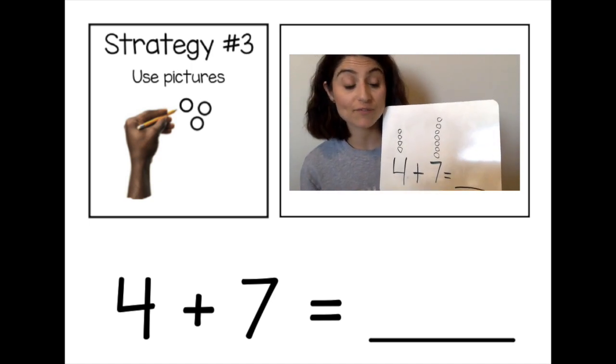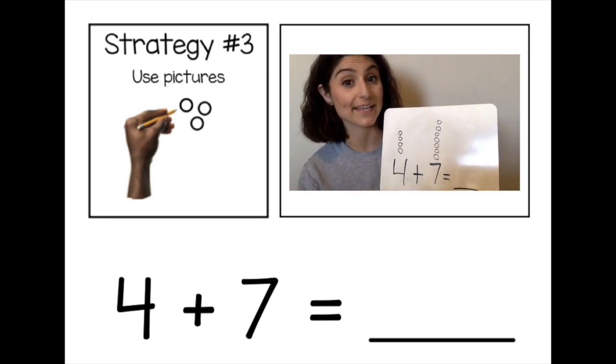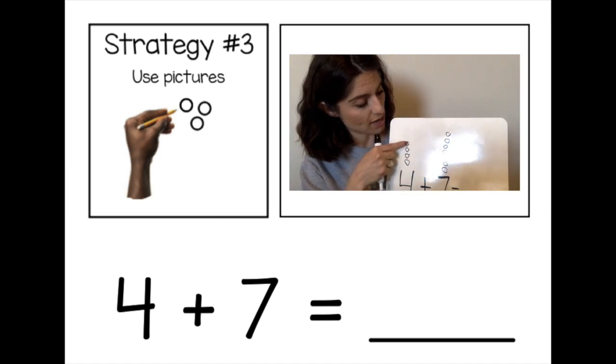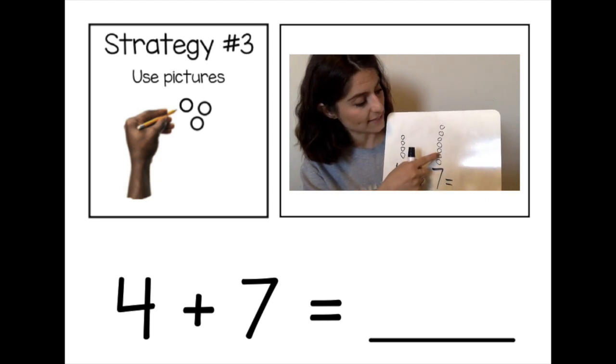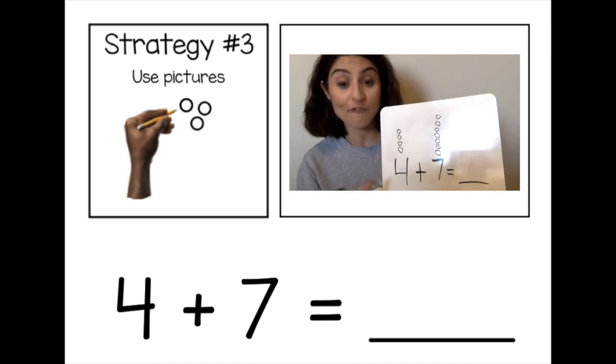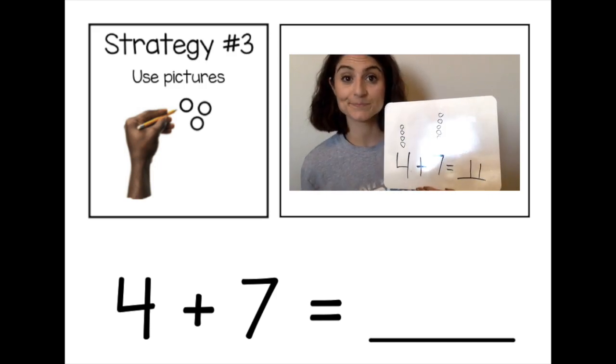So now we have to find what the sum is when we add 4 plus 7. Are you ready to count together? Here we go. 1, 2, 3, 4, 5, 6, 7, 8, 9, 10, 11. 4 plus 7 equals 11.